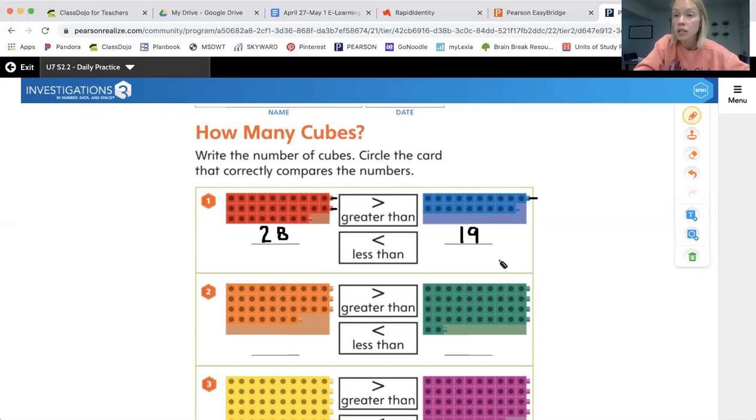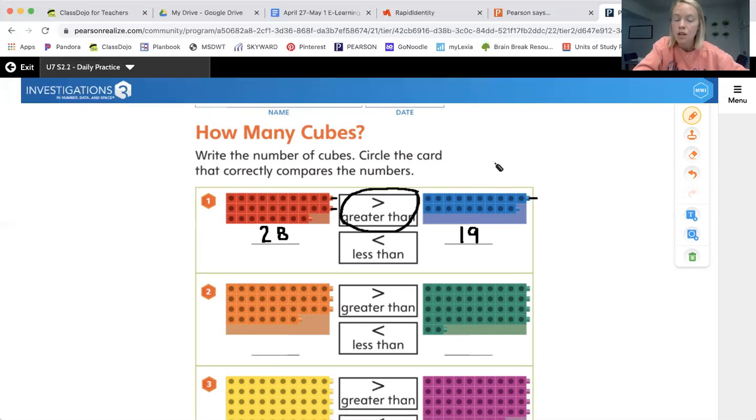We are going to read this equation just like we read a book. You have to start from left to right. So I'm going to read this as 28 is greater than 19 or 28 is less than 19. 28 is greater than 19. So I am just going to circle greater than.